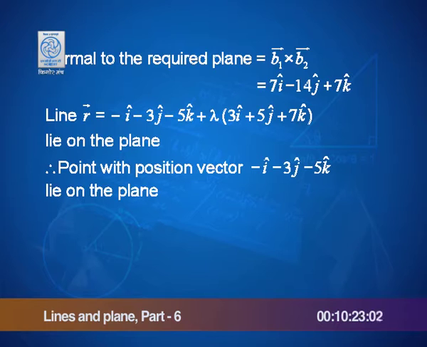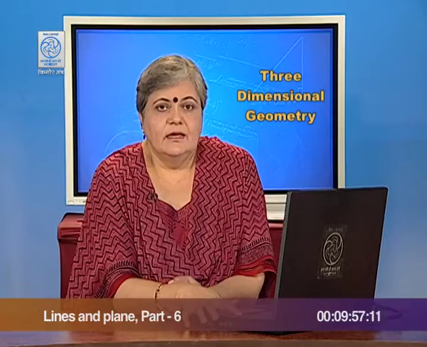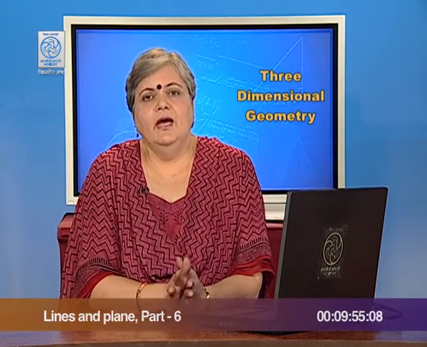So the point minus i cap minus 3j cap minus 5k cap lies on the plane, and using the form r minus a dot n equal to 0, we get the equation of the plane containing the lines as r dot 7i cap minus 14j cap plus 7k cap equal to 0. Isn't that simple? Very algorithmic.